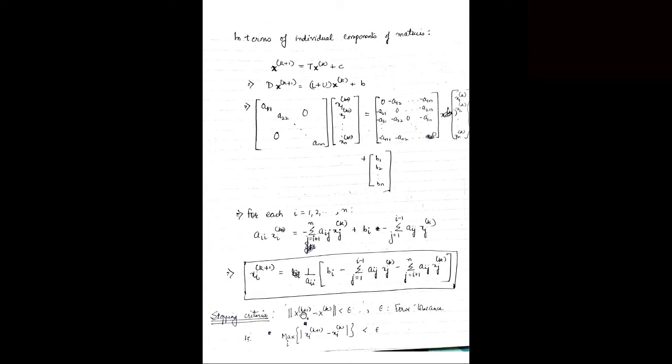I take the maximum of all those components. When the maximum of all those components is less than my error tolerance, then I will stop.